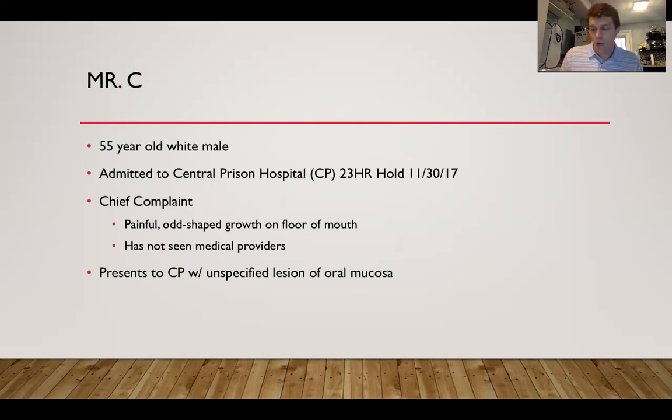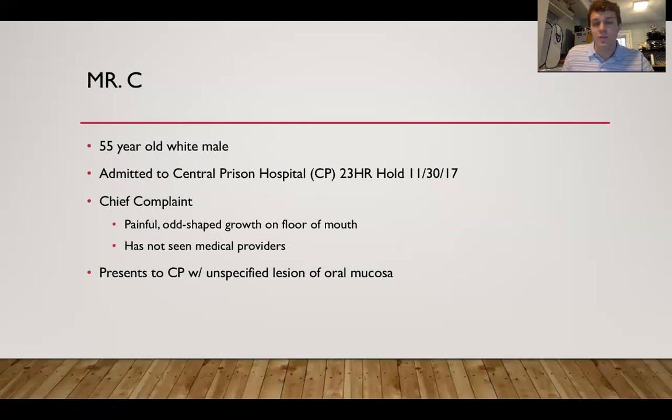However, 23-hour hold has recently kind of turned into an overflow area of sorts just because of overcrowding. So Mr. C was brought to 23-hour hold and was awaiting a bed on the acute floor in the hospital at prison. His chief complaint was a painful, odd-shaped growth on the floor of his mouth. He hadn't seen any medical providers yet, and he was presented to Central Prison with an unspecified lesion of his oral mucosa.